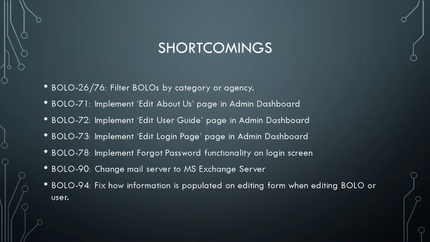But once the next team, or whichever team does have access to the Exchange server, it is something very easy to get done, and it would just be going into the code and changing the SMTP URL address to the server. And I believe Giovanni explained this in his installation and maintenance guide video.